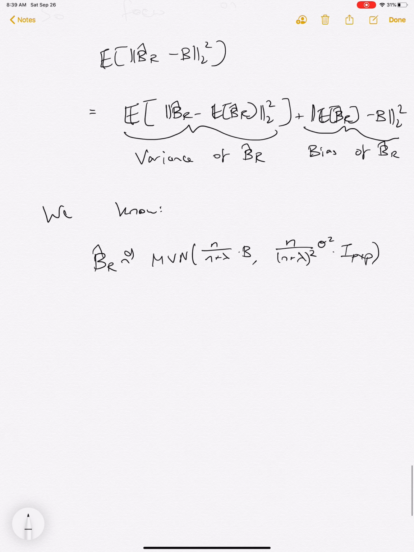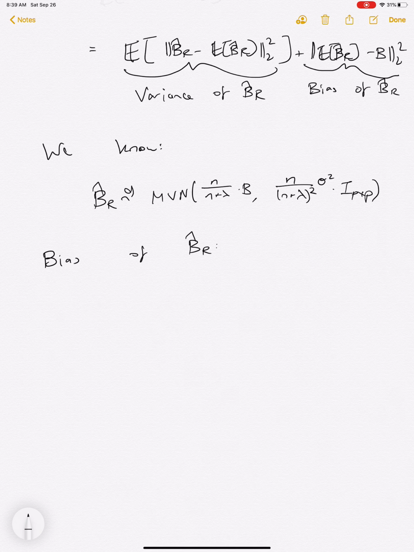Okay, and so let's look at the bias of B hat R here. Again, we can actually do this in a simpler way, because we can look at it component by component.